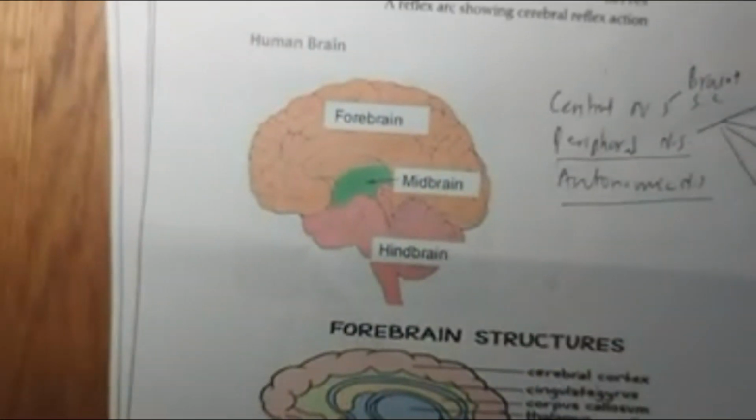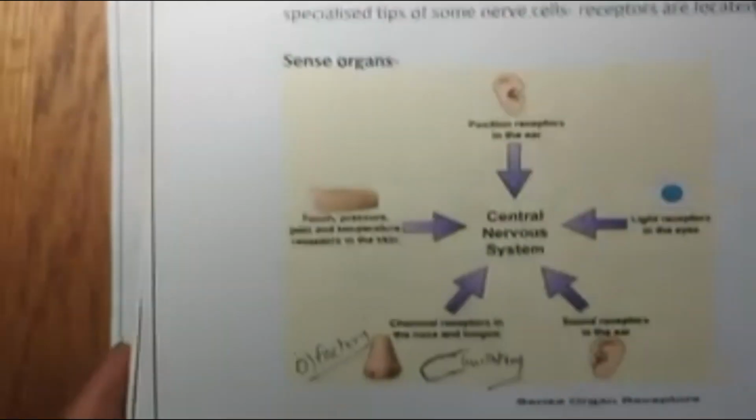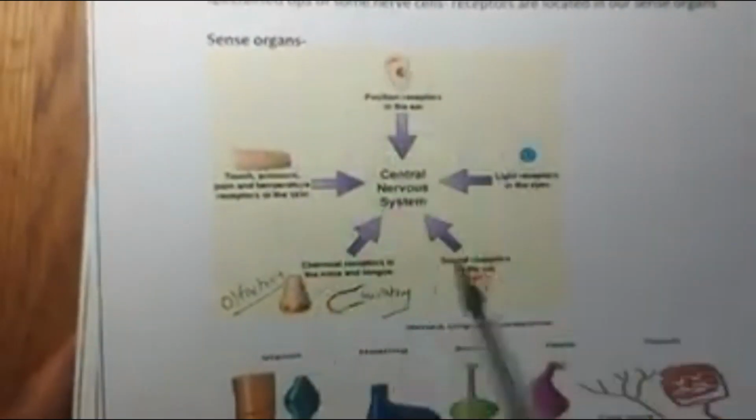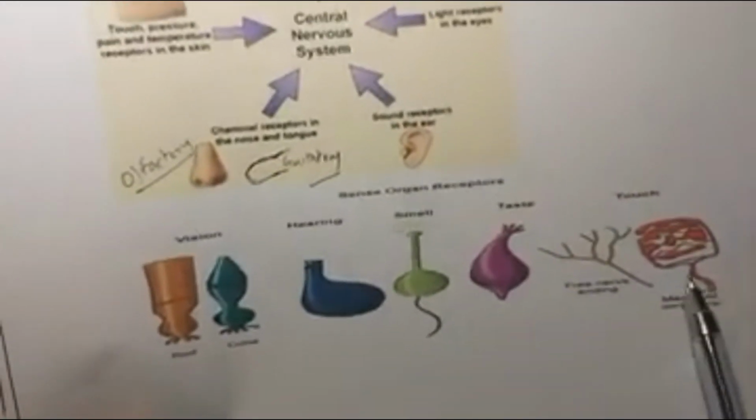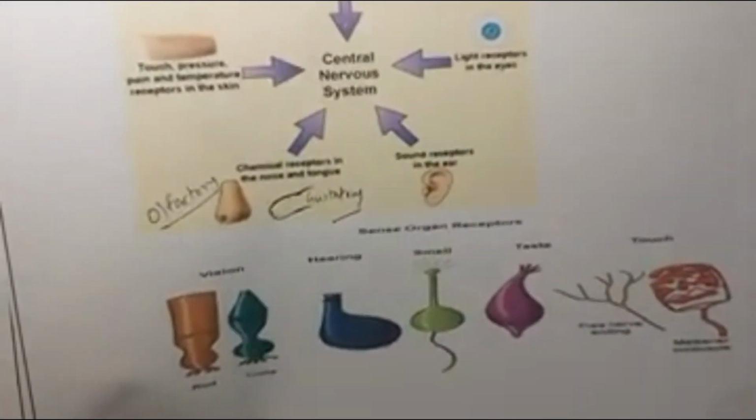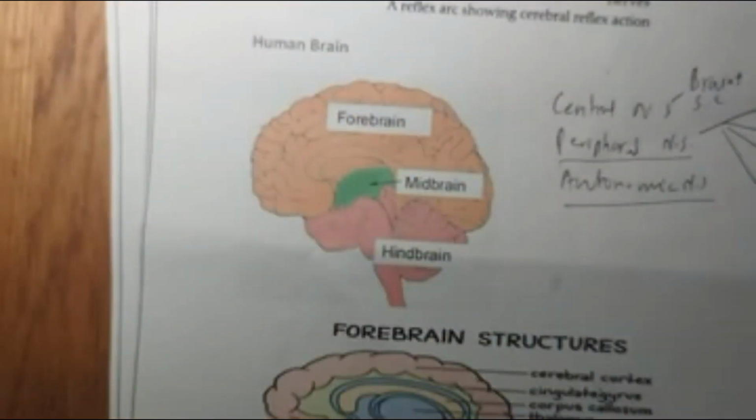Remember your receptors. The receptors are specialized nerve endings, and they bring information from various sense organs to the central nervous system, and the sense organ ends are called receptors. We've seen that in the previous lecture.